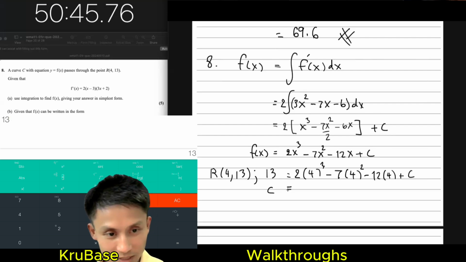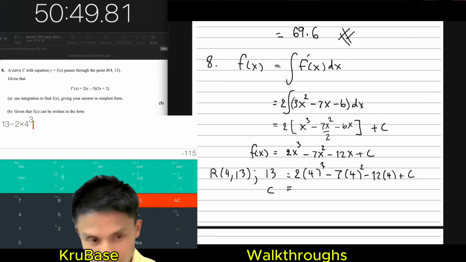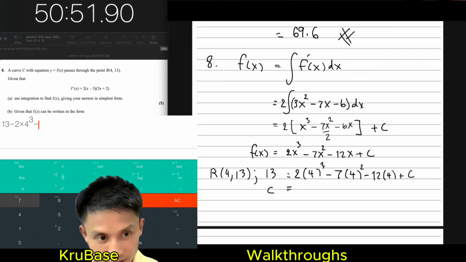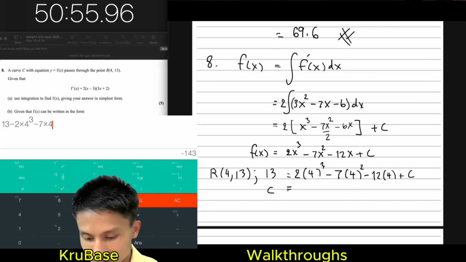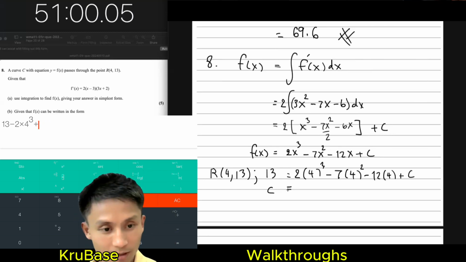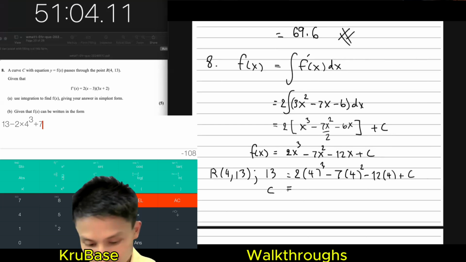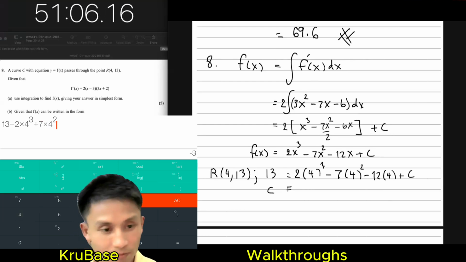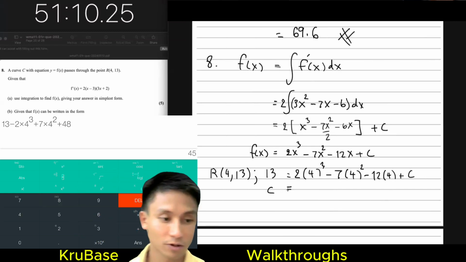So 13 minus 2 times 4 to the 3. Sorry, it should be plus because I move it to the other side. Yeah, plus 7 times 4 to the 2. And then plus 48 because 12 times 4 is 48. So I get c as 45.